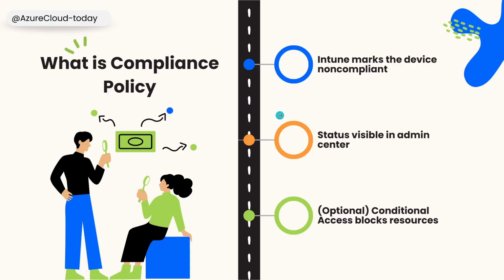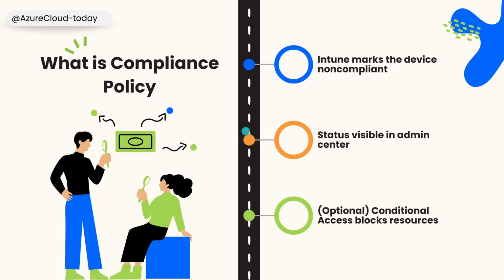Example, if you write a compliance policy stating jailbroken devices are prohibited, then if a user jailbreaks the device, in the next check, the device is automatically marked as non-compliant, as the compliance rule that we wrote is broken, and the status of that is visible in the Intune admin center.